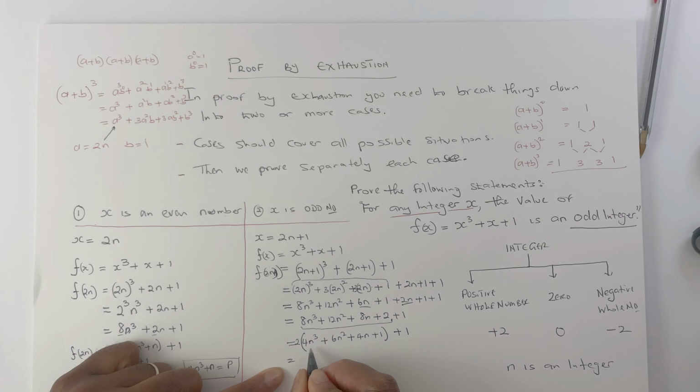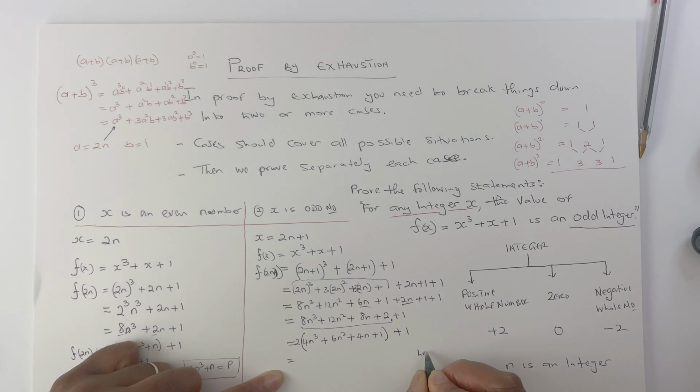So what I'm going to do now is let k equal 4n cubed plus 6n squared plus 4n plus 1.